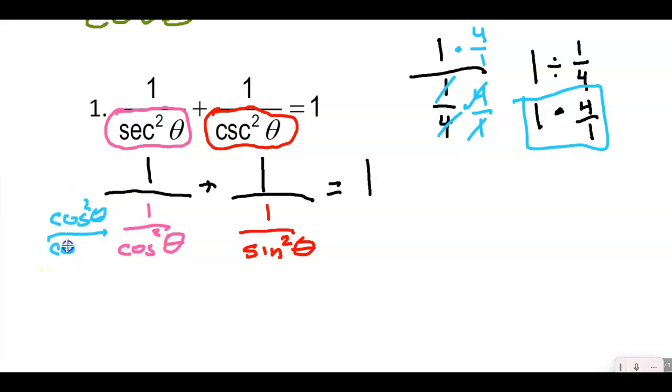So doing these identities really helps you hone in your algebra skills. I'm sorry, I did that wrong. Bottom's 1, reciprocal. Multiplying top and bottom by the reciprocal. Alright, this one would be sine.